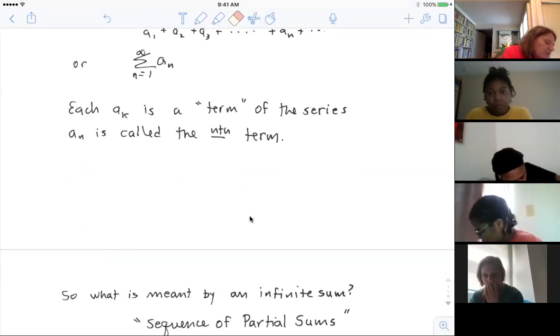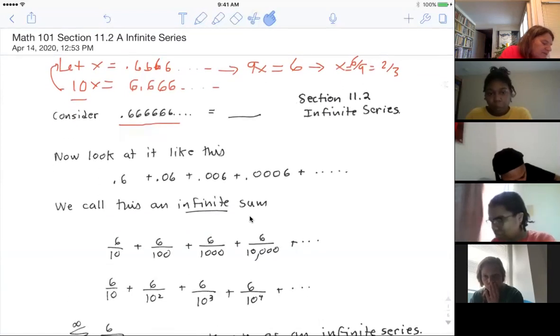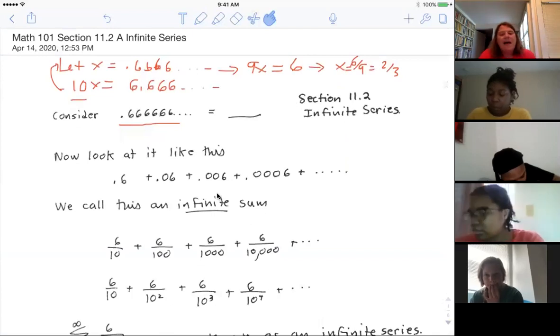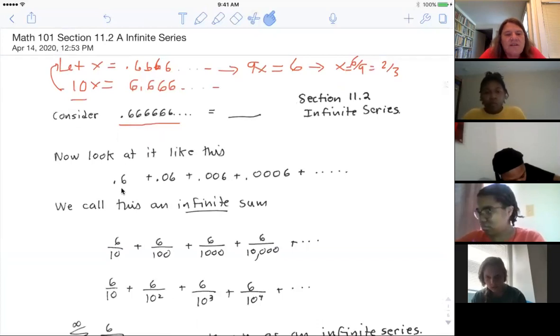So let's look at why that happens. Let's go back to the beginning here. If I look at this one right here, I'm gonna look at it a little differently. The first decimal was 0.6.